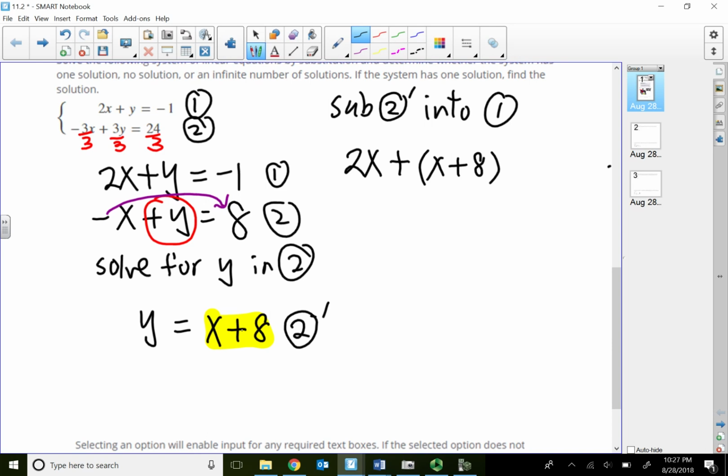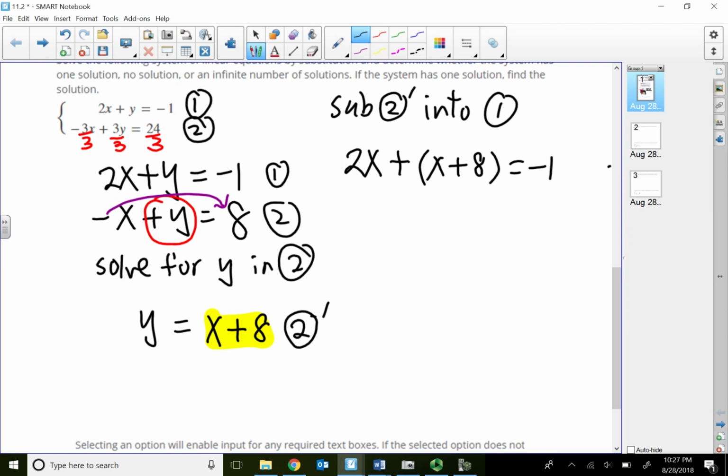Whenever I substitute two terms for one thing, I always put them in parentheses for protection, just in case this plus sign is going to be a negative, or there's a coefficient right here where I got to do a distribution. And that's equal to -1 still, right? Because this is what my first equation originally said. So I'm just basically replacing the y with x plus 8.